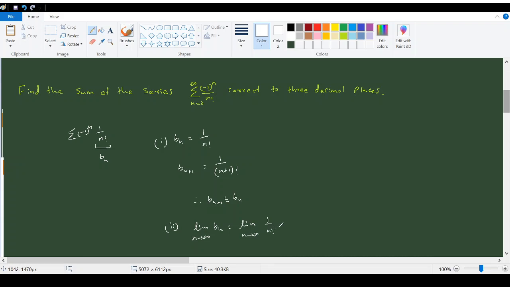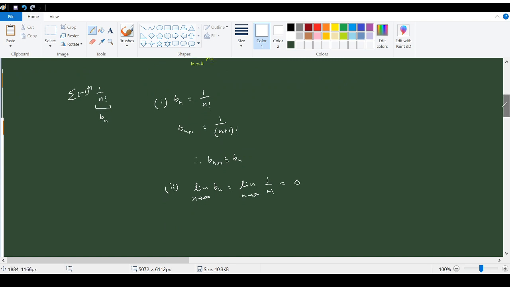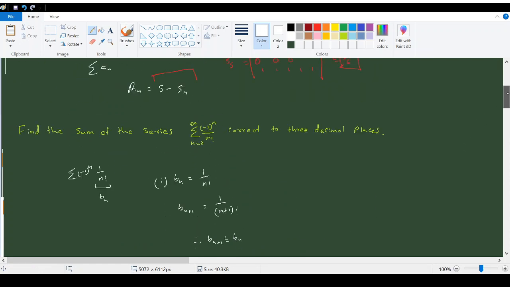What we have is n factorial, so when n goes to a large value, this goes to a large value, therefore the limit will be equal to 0. Therefore, from the alternating series test, we can say that this series, the sum of minus 1 to the power n times 1 over n factorial, converges. So that's the first part that we can do.